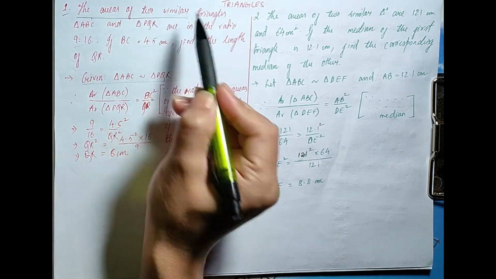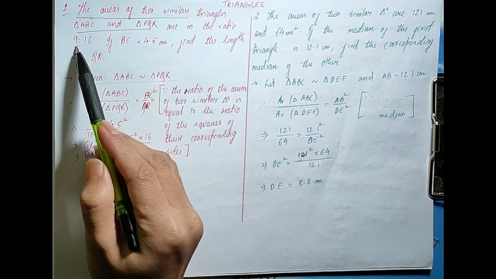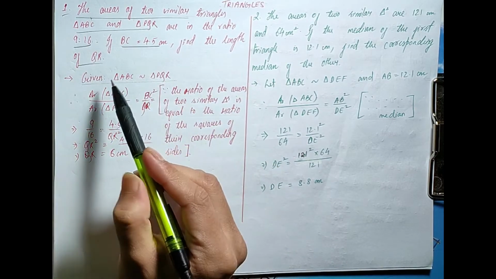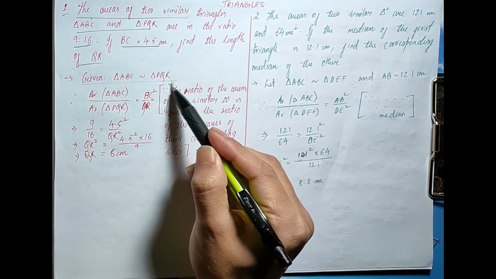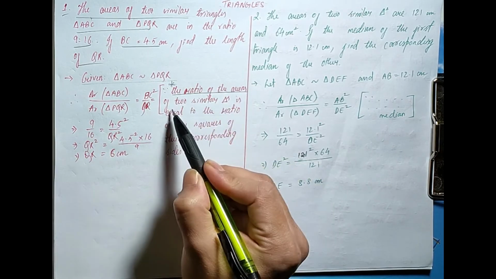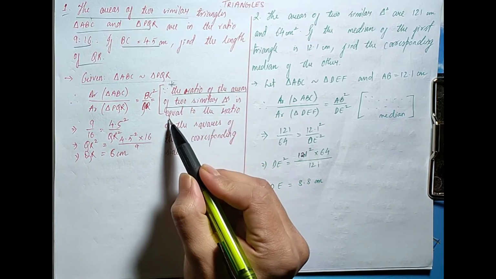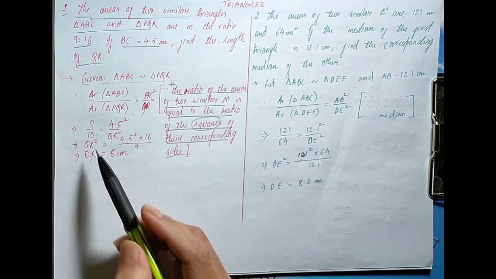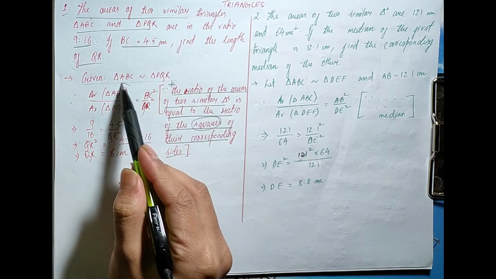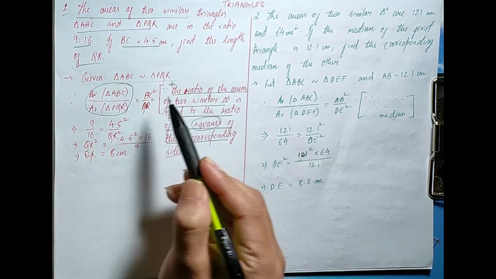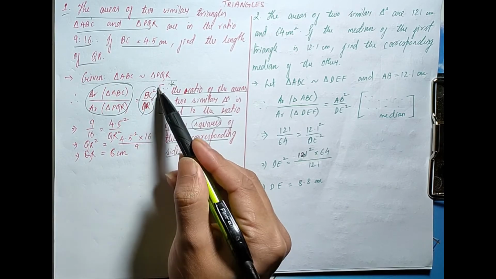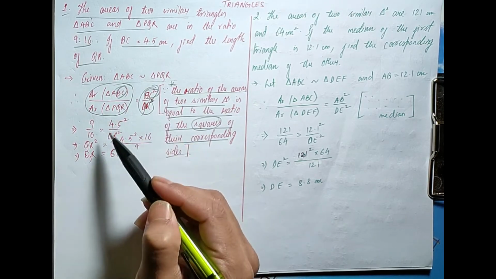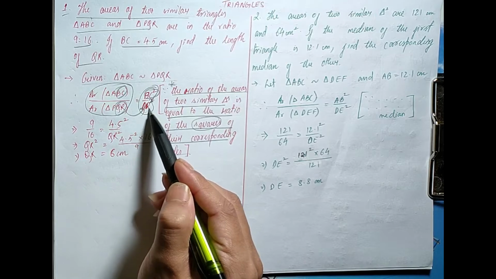The areas of two similar triangles are in the ratio 9:16. If BC is 4.5, find the length of QR. For this we'll have to know this theorem, that the ratio of the areas of two similar triangles is equal to the ratio of the squares of their corresponding sides. So since these two triangles are similar, we have the ratio of the areas equal to the ratio of the squares of the corresponding sides. BC has to match with QR.